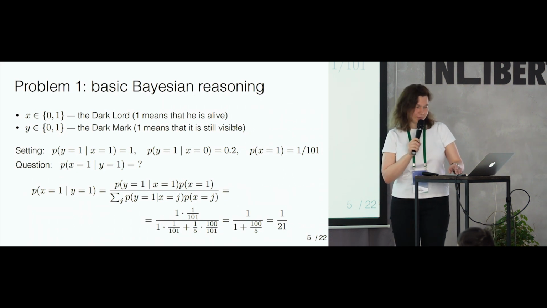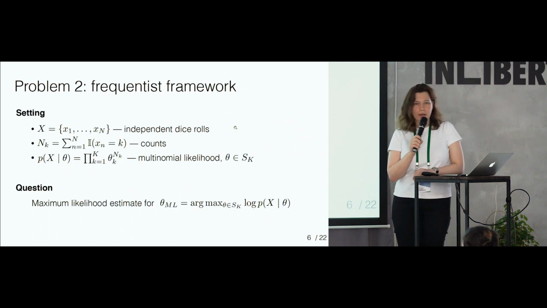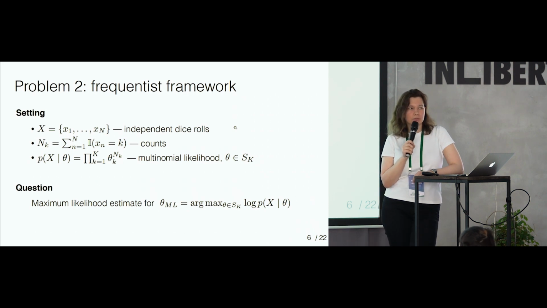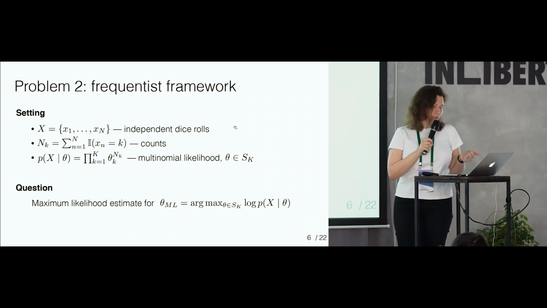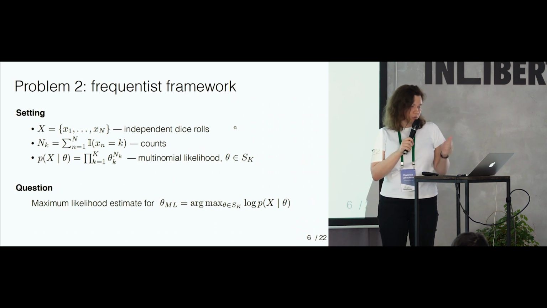Okay, let's continue. Now we discuss the problem about a dice. It's very similar to the problem with a coin, which we discussed at the lecture, I think. You have a dice, you roll it several times, and you want to estimate the probability of the dice to land on side k.